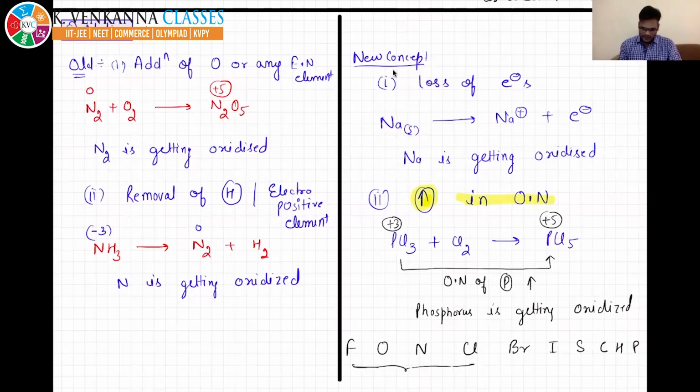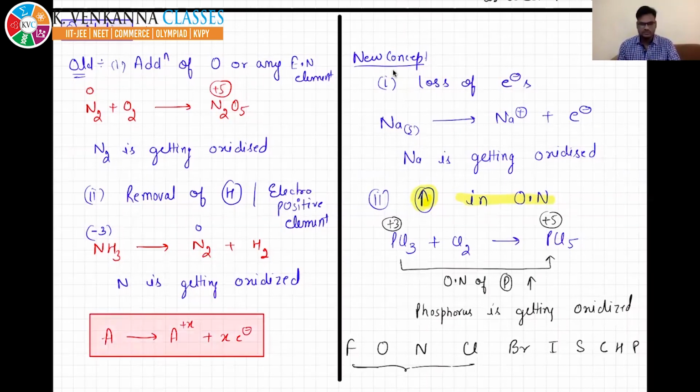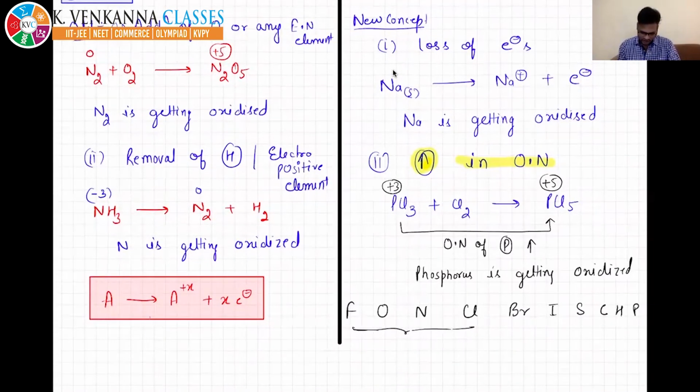Okay, fine. If you find a process in which electrons are lost, let me give an example like this: A gives A plus X and X electrons. This is a half reaction in which electrons are present. This kind of reaction is known as an oxidation half reaction.